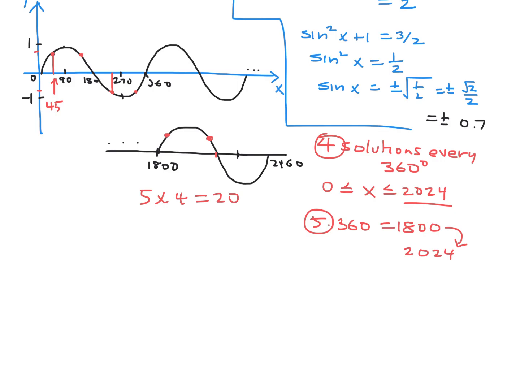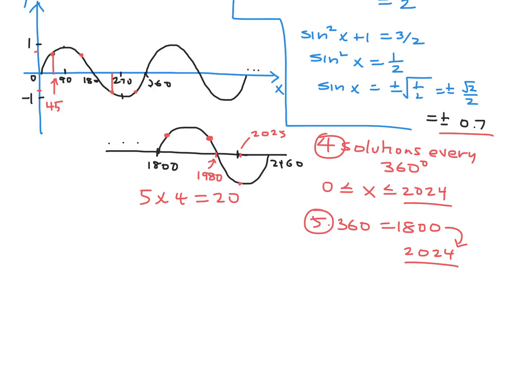So this point is, hold on, hopefully I did this right. The 1800 plus 180 is 1980. So this is 1980. And then to get to the next point, you have to add 45, and that would be 2025.